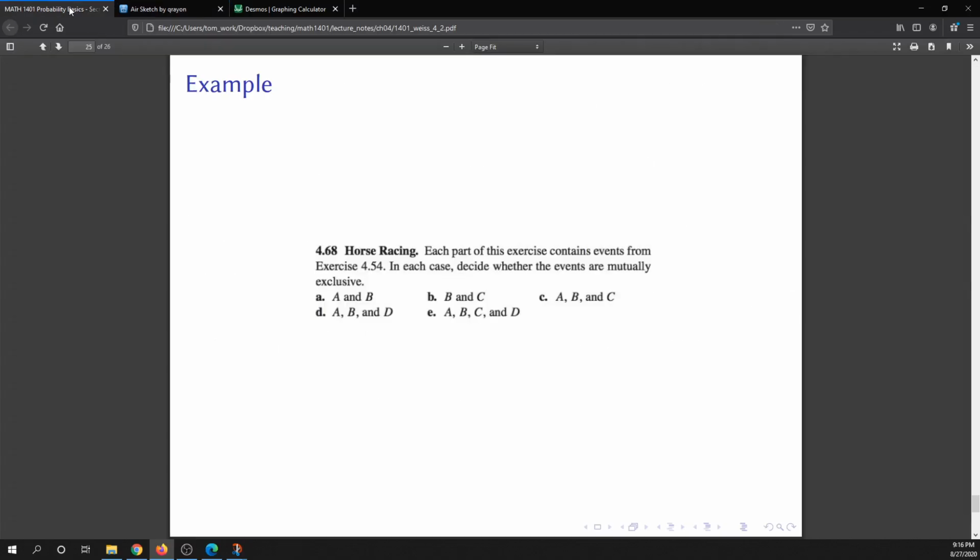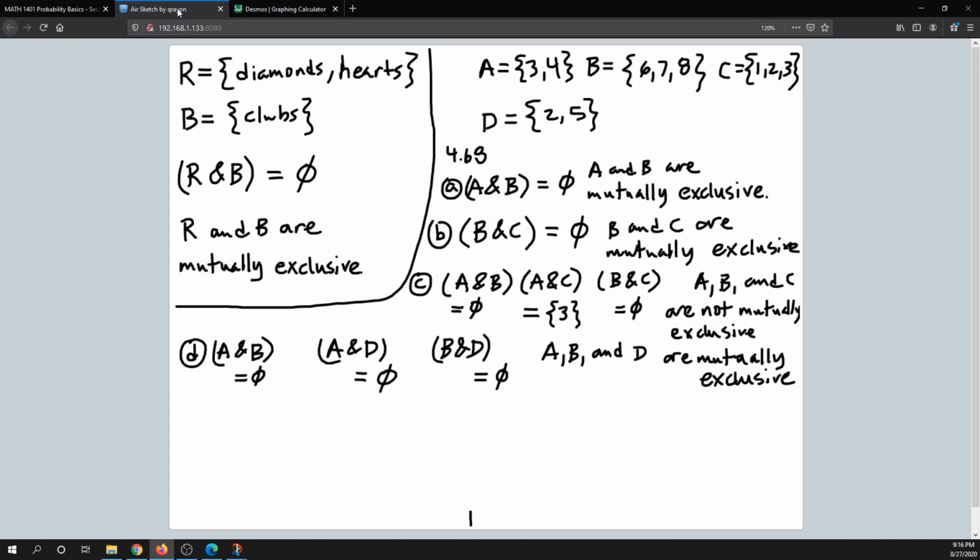All right, and let's see. Part E is A, B, C, and D. Our sets are A, B, C, and D. We want to know, are those mutually exclusive?